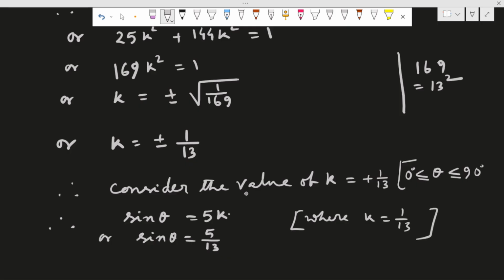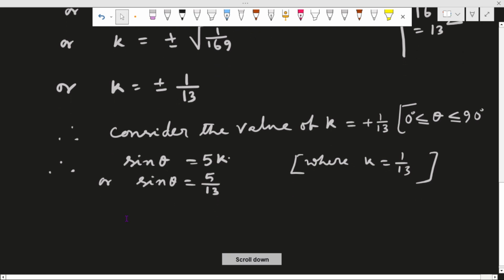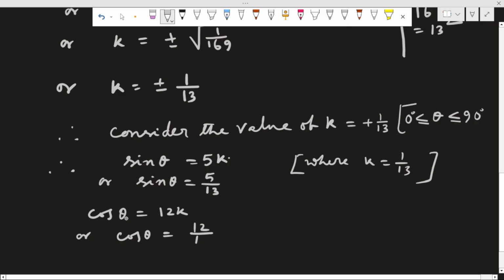Similarly, cos theta is equal to 12k, or cos theta is equal to 12 by 13, as k is equal to 1 by 13.